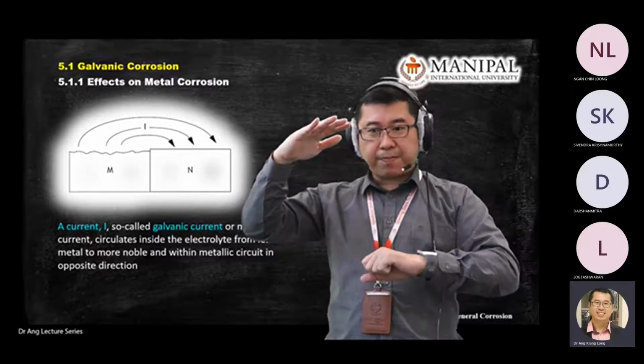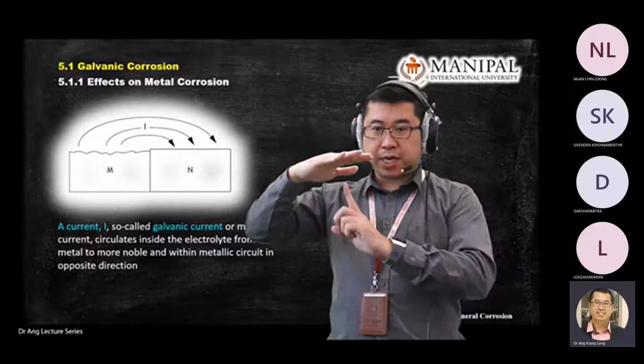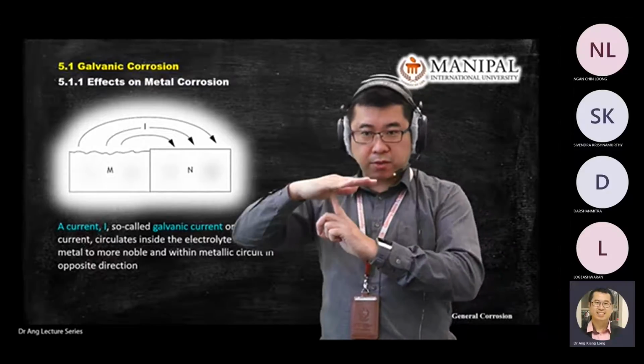And when the corrosion happens, the lower one will contribute electrons to the higher metal, right?